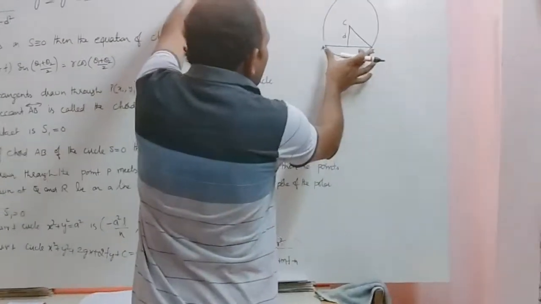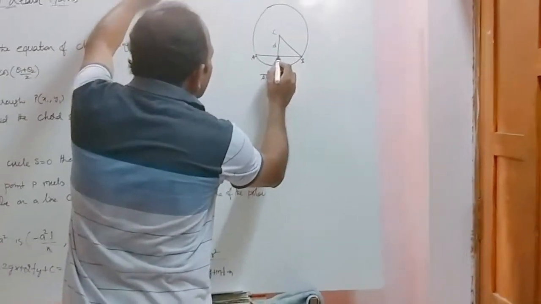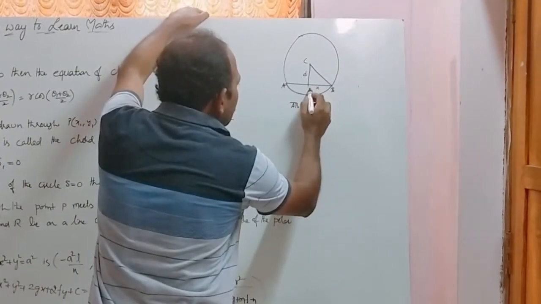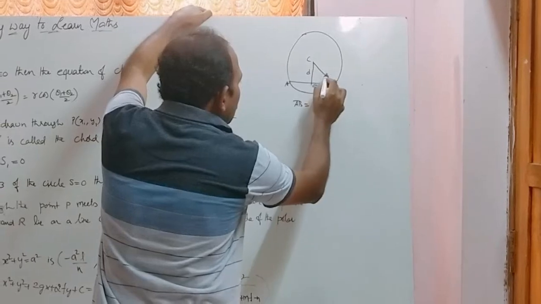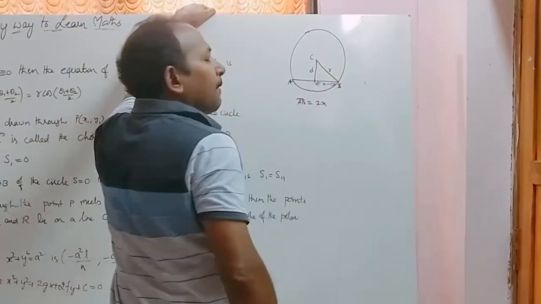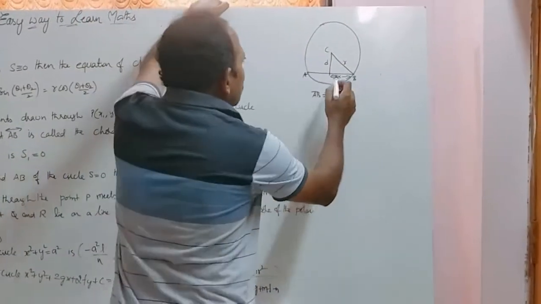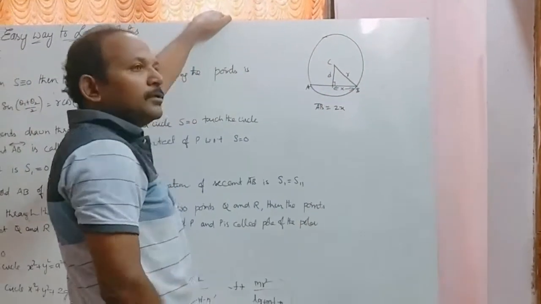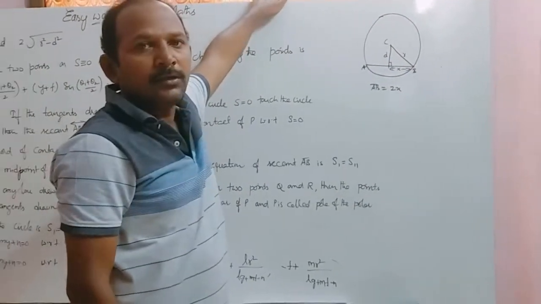If the length of the chord is 2x, then it bisects, and hence this part is x, and here it is r. This perpendicular makes 90 degrees here. Then it is a right angle triangle.